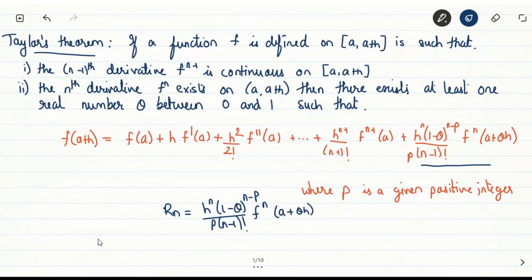This term Rn is known as the remainder term in the Taylor's theorem. So Taylor's theorem states that any function which satisfies these two properties can be expanded as a series.